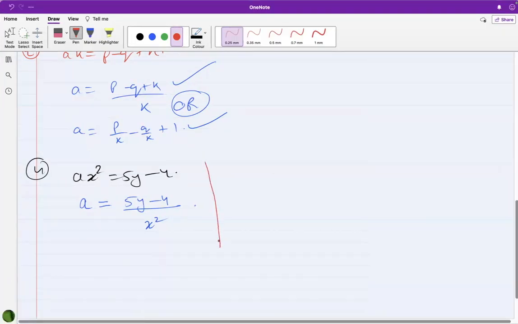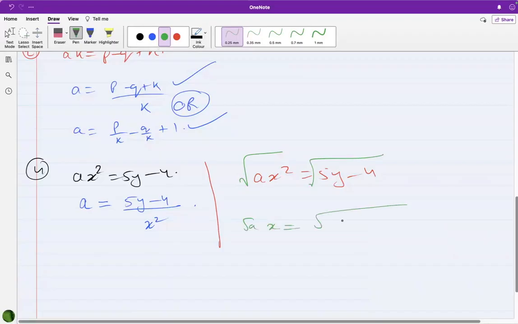If you go for root, we'll have square root of AX squared equals square root of this, then square root A equals square root of 5y minus 4 over x. But we were concerned with A only.